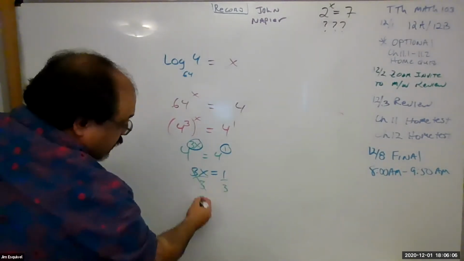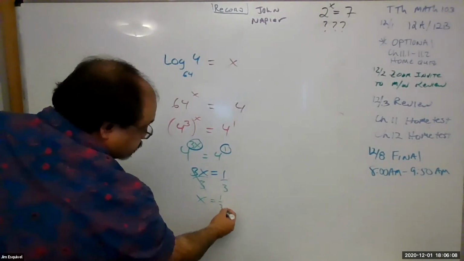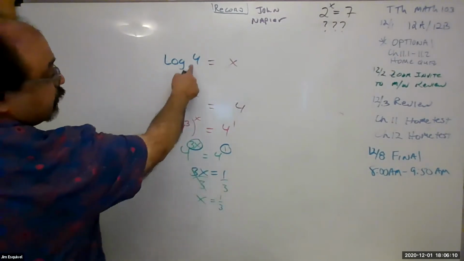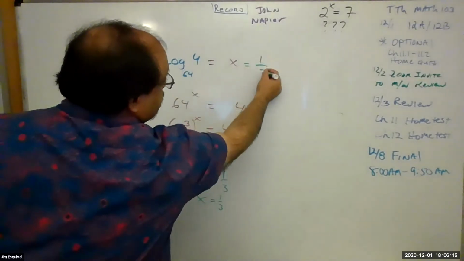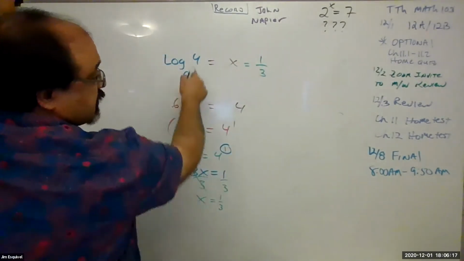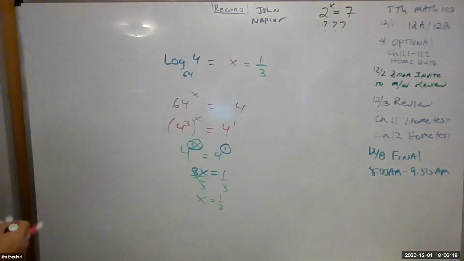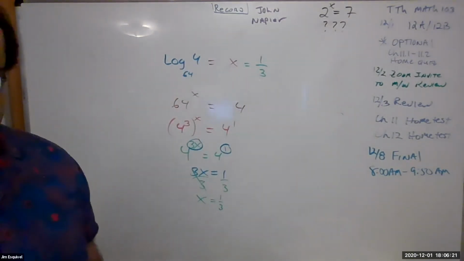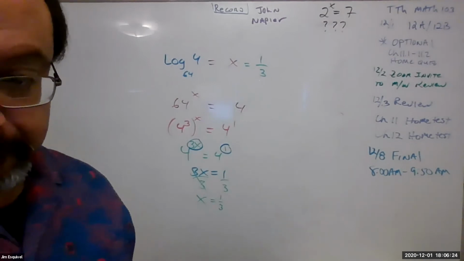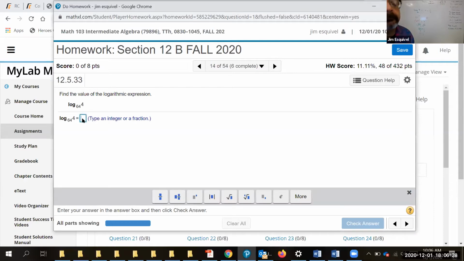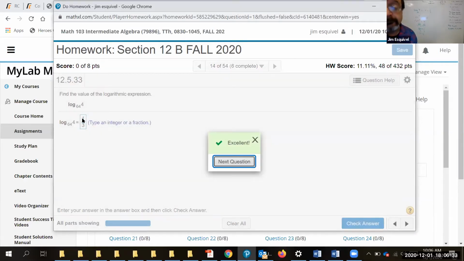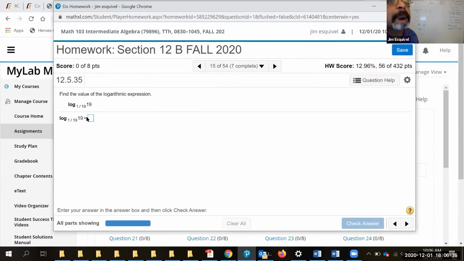So the answer, x is 1/3. Log base 64 of 4, 64 to what power? 64 to the 1/3 power is how you make a 4. It's always converting. Convert, convert, convert.